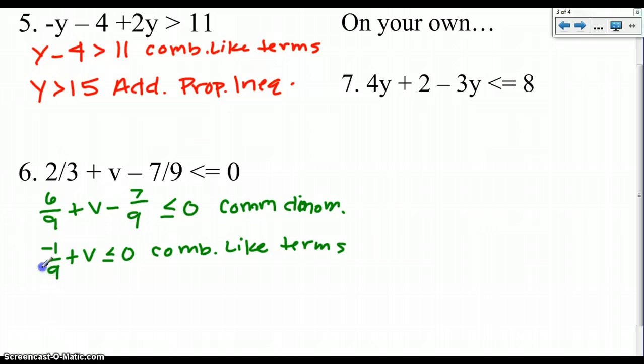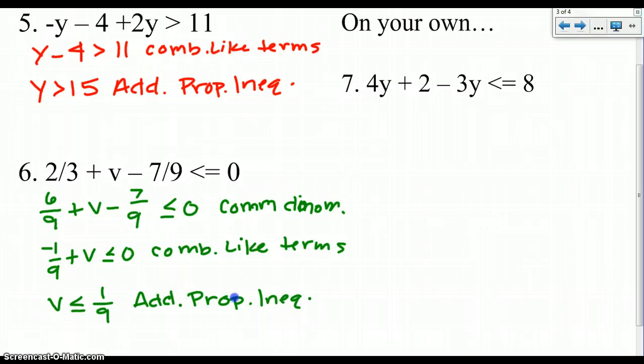And then we need to add 1 ninth to both sides to get v is less than or equal to 1 ninth. And that is addition property of inequality.